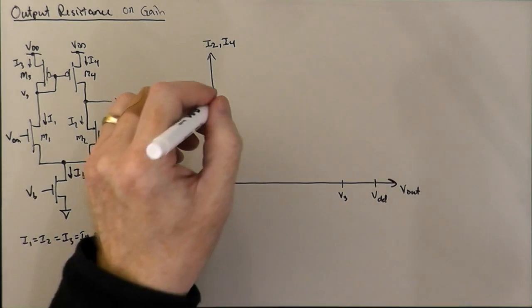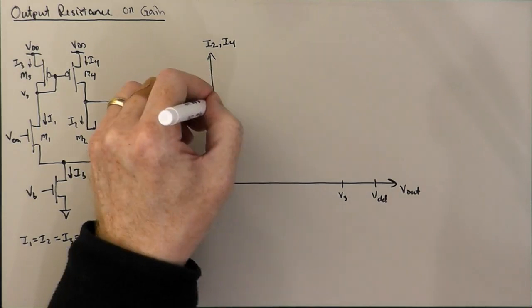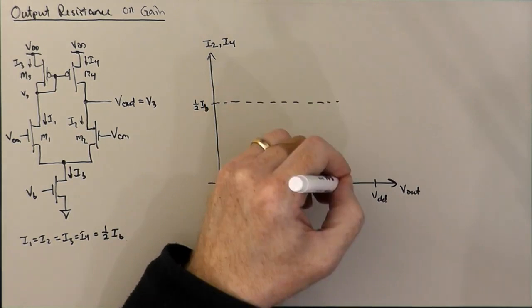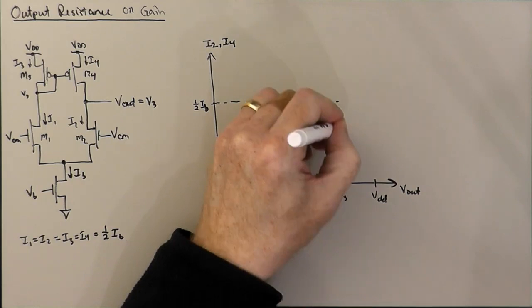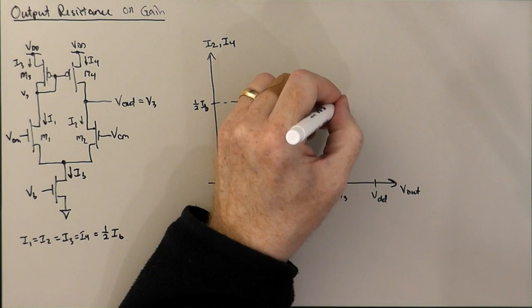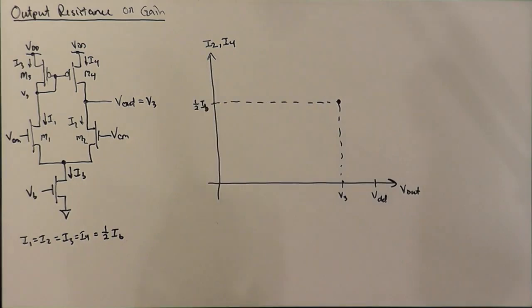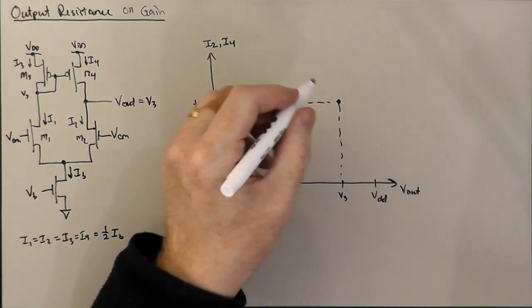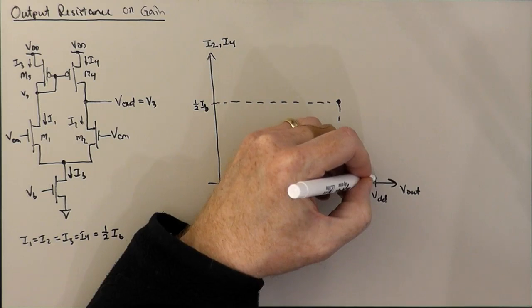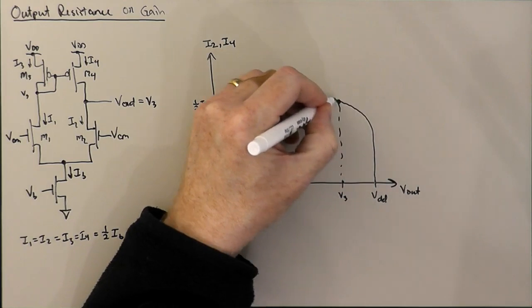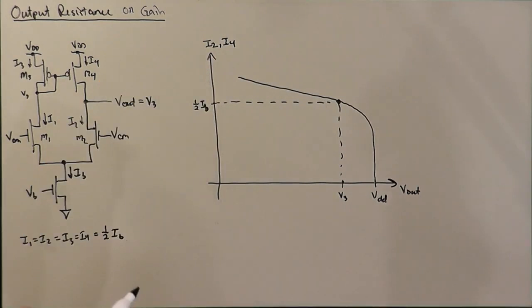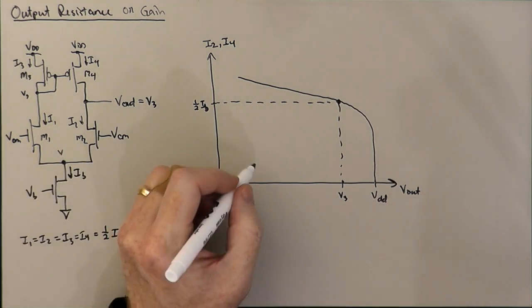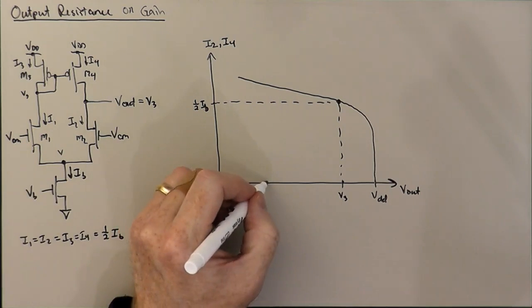And what we're going to find is that our drain characteristics will cross each other, if we draw them properly, at this point. So M4's drain characteristic might look something like this. And we have a common source node voltage here, V, and so V might be somewhere, say, up here.